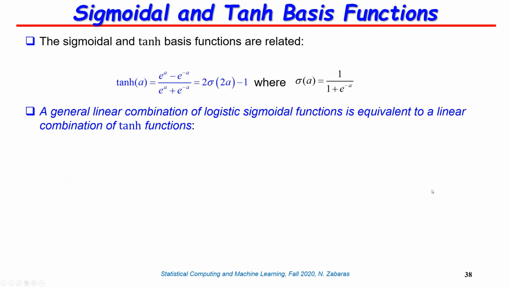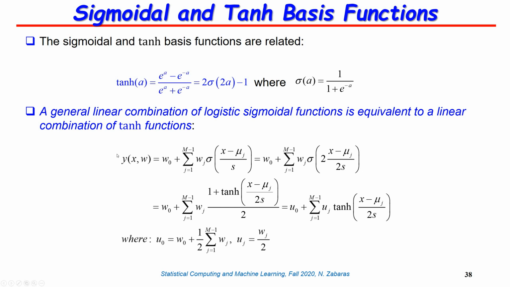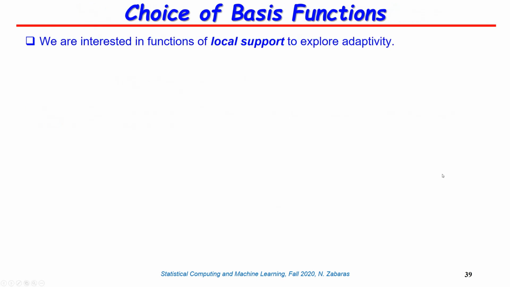As a matter of fact, you can show that if you have a regression function in terms of sigmoids, you can write it in an equivalent form in terms of hyperbolic tangents, where the relation between these w's and the u's that you use for hyperbolic tangents is given by what you see on the bottom of this slide. So sigmoids and hyperbolic tangents, for all practical purposes, are one and the same for the type of things that we're interested in this lecture.